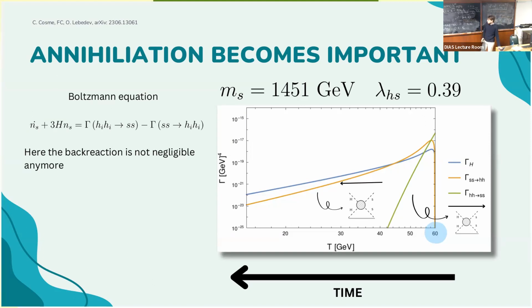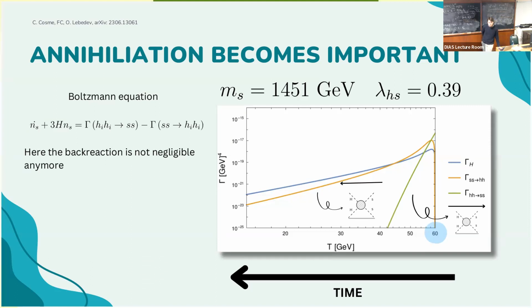The values you've written up there, that's a benchmark point that you're showing the results for? Yeah, exactly. That's the benchmark point for this plot. Your lambda HS is very large. Yeah. Do you not run into non-perturbative regimes with that coupling? Yeah, good question. I guess one should check. Because lambda HS also contributes to the running of lambda H. Sorry, can you say that?